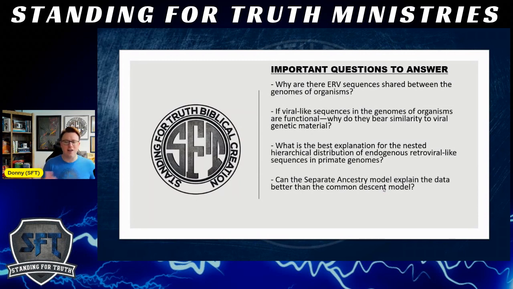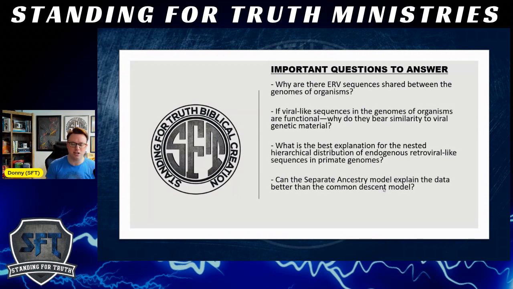And this is amazing stuff. I oftentimes say what the evolutionists thought were their best lines of evidence actually turn out to be some of the best evidence for separate ancestry. And that also goes for these retro elements.